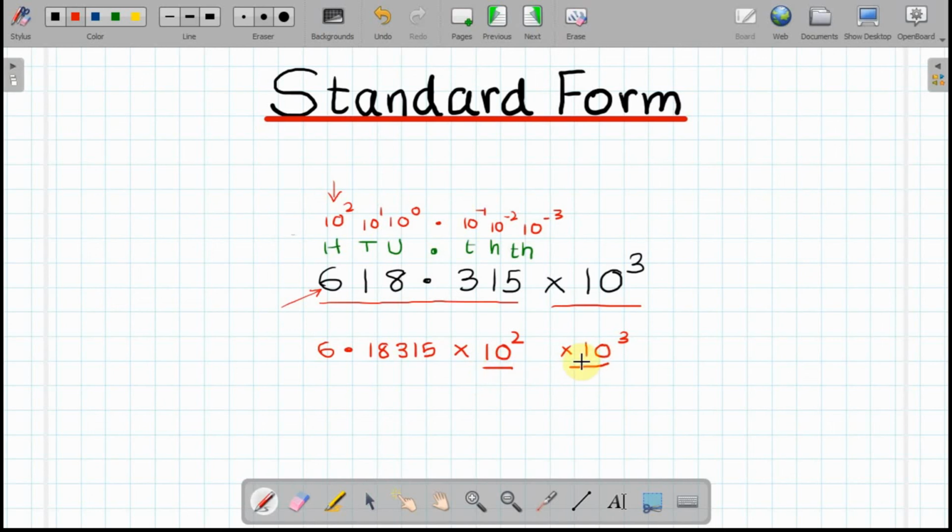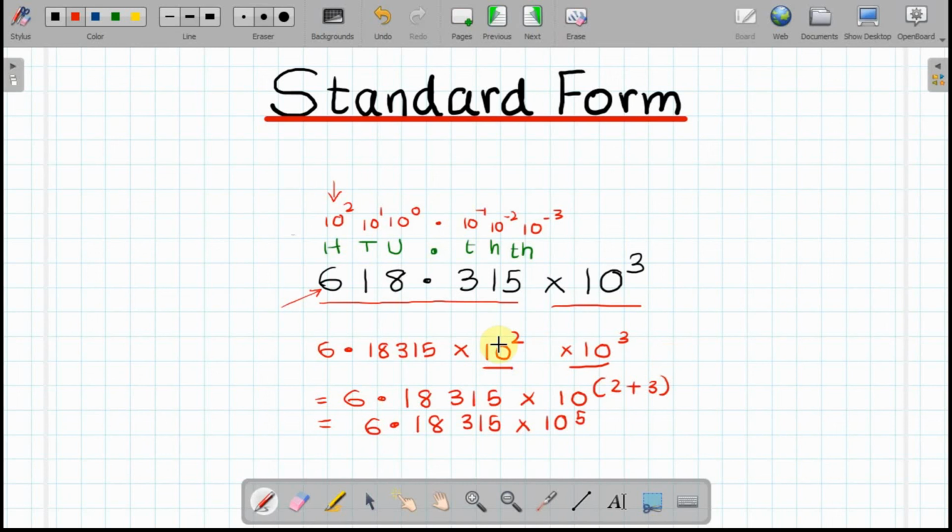So the bases are the same. So that would become 6.18315 multiplied by 10 to the power 2 plus 3, which is the same as 6.18315 multiplied by 10 to the power 5.